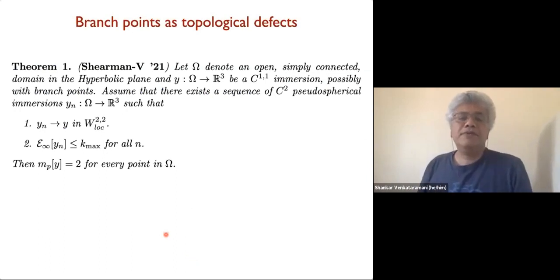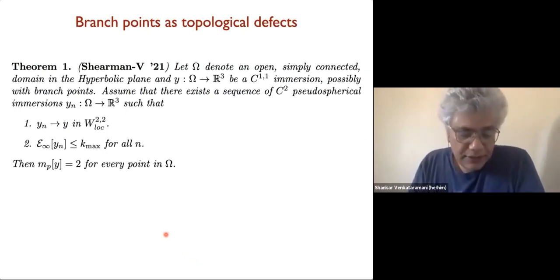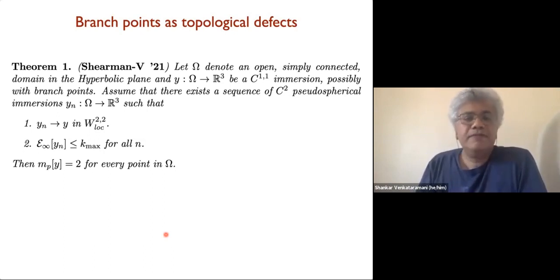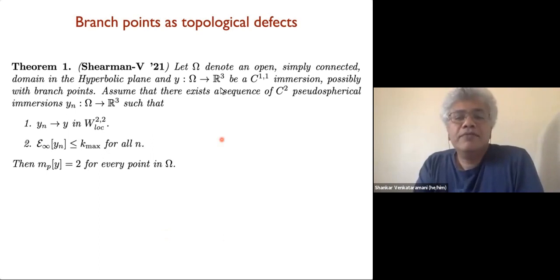Okay? So in a way, this tells us that these branch points are robust, and they are an important property of the surface. Okay? So let omega be a domain in the hyperbolic plane, and you have a C11 immersion.